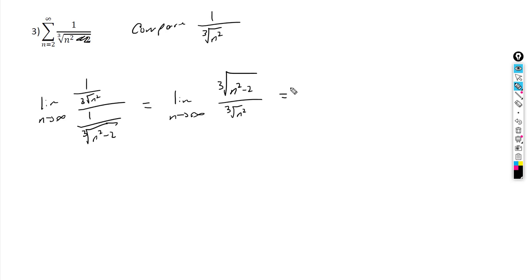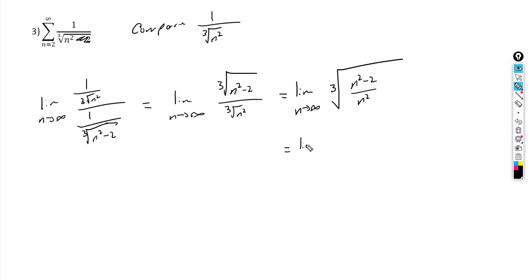All right, and this one's going to look a little weird, but let's do some manipulation to make sure you understand what we're doing here. So this is the limit as n approaches infinity of, because these fractions have the same third root, I can actually make it one big fraction. So this is really n squared minus 2 over n squared.